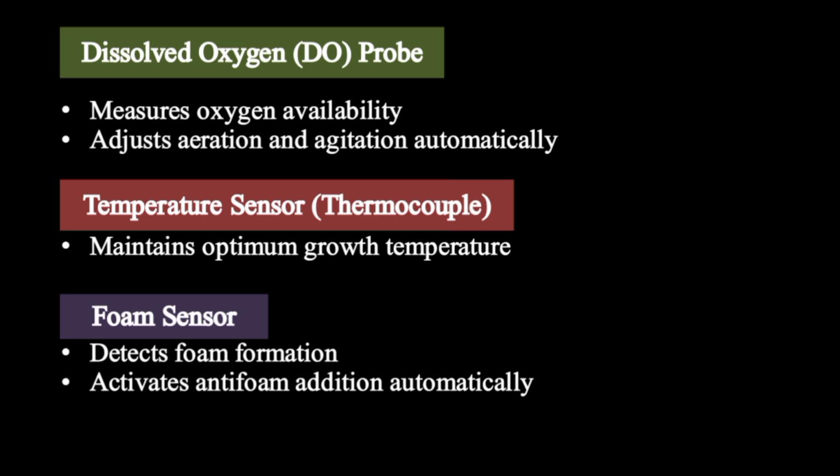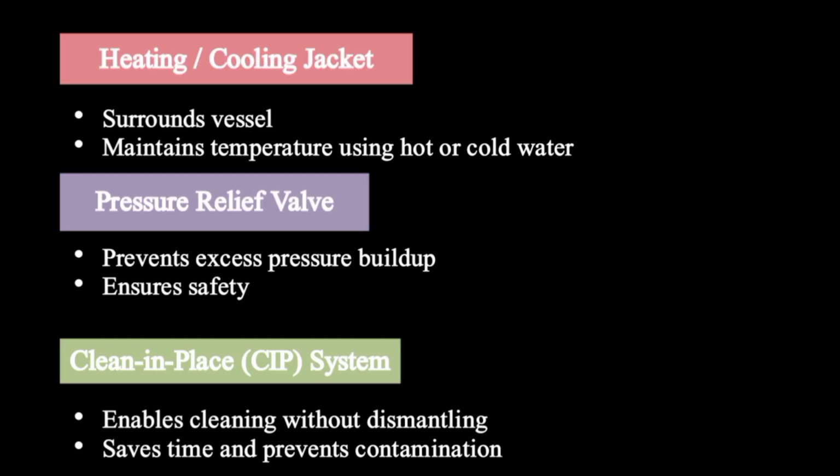Temperature sensor, that is thermocouple. It maintains the optimum growth temperature. Foam sensor. It detects the foam formation and activates the anti-foam addition automatically. Heating and cooling jacket. It surrounds the vessel. It maintains the temperature using hot or cold water. Pressure relief valve. It prevents excessive pressure buildup in the fermenter, and it also ensures safety.